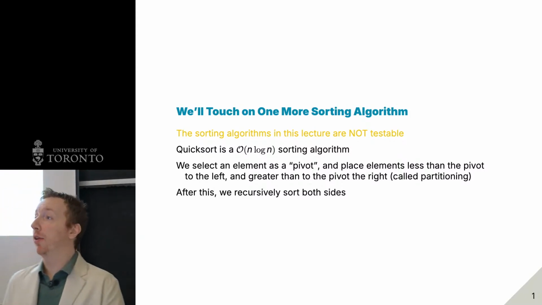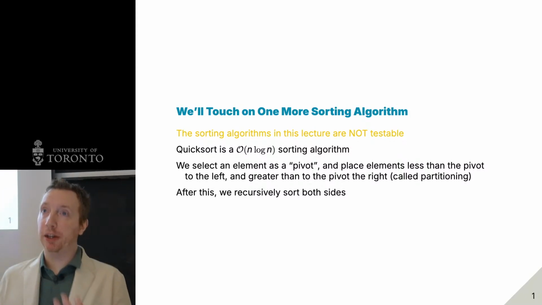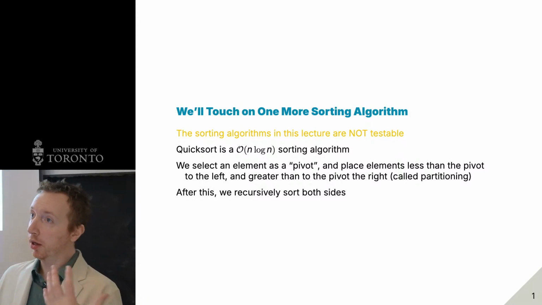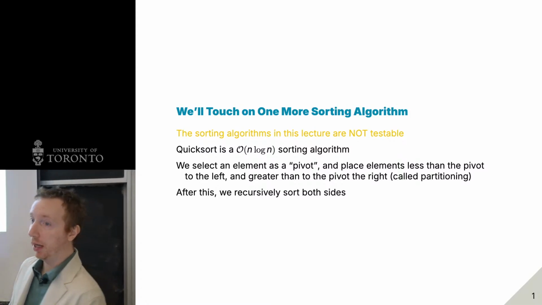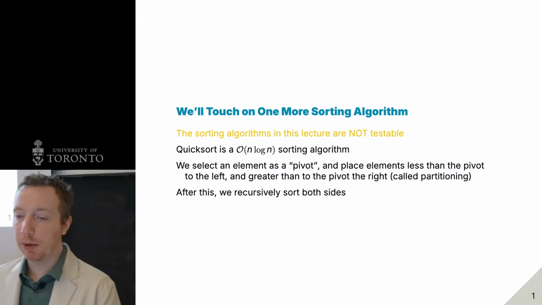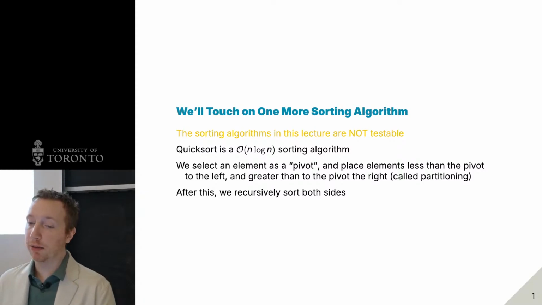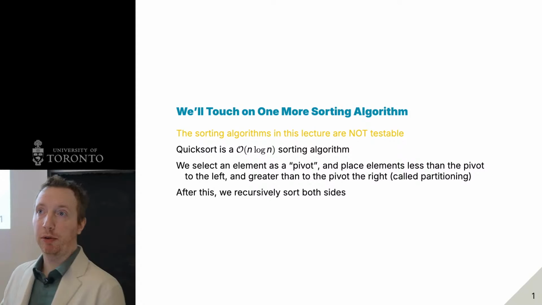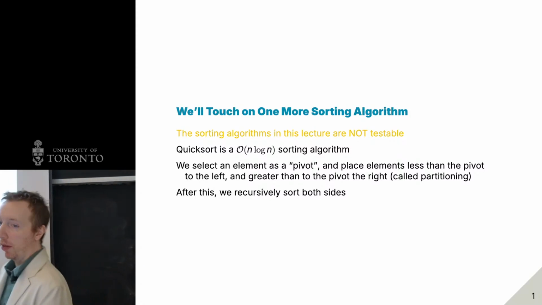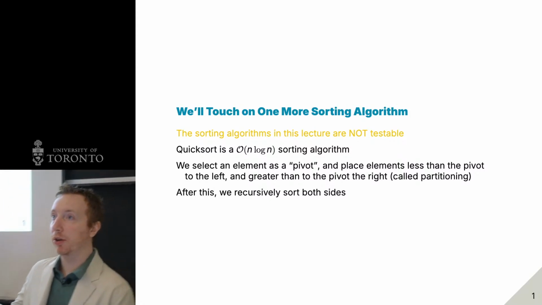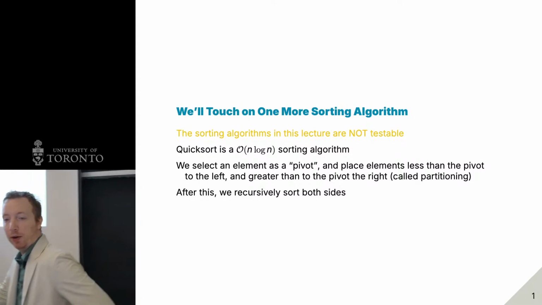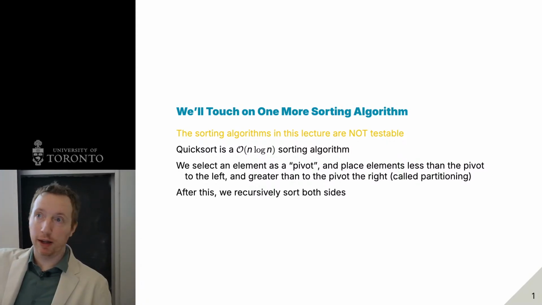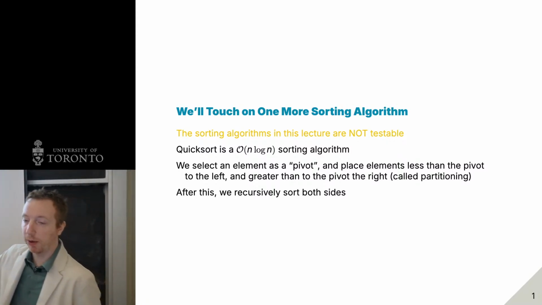So how this works is, well, it uses recursion. The whole idea behind this is we want to break our problem down into a smaller subproblem. What we're going to do is select an element as a pivot value, and we're going to essentially sort around that one value. So we want to place that pivot value such that all the elements to the left of it are less than, and all the elements to the right are greater than.